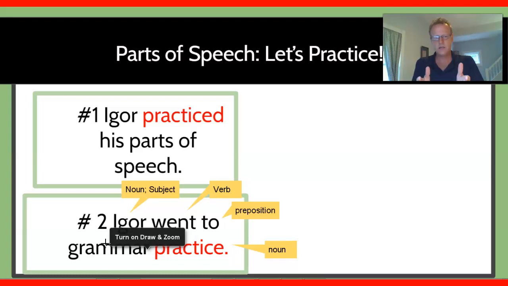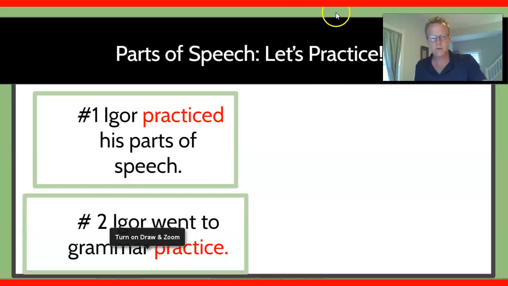It's describing practice. What describes a noun? Hey, guess what? You guessed it. Grammar is an adjective. Okay? Beautiful. Let's practice a little bit more here.